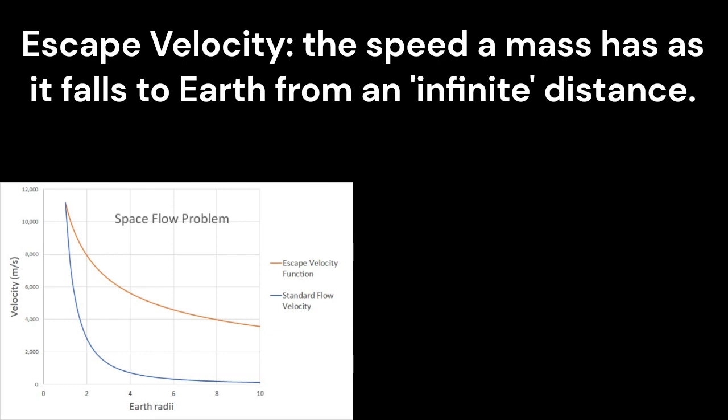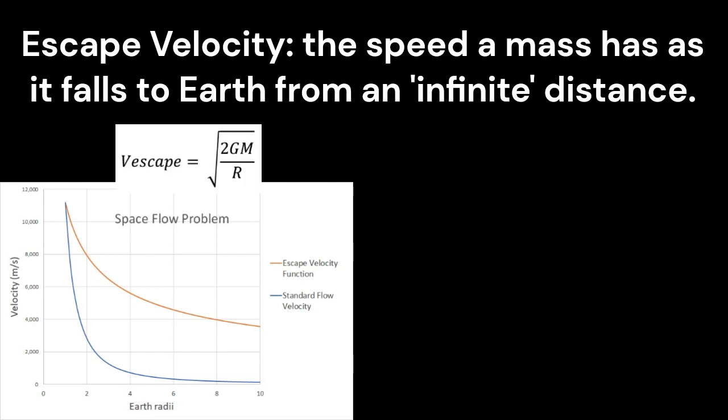So let's dig into this flow problem a little more. We said that the flow, the speed of space towards Earth that would make our gravity model work, is the escape velocity, which is the same as the speed a mass has as it falls to Earth from an infinite distance.